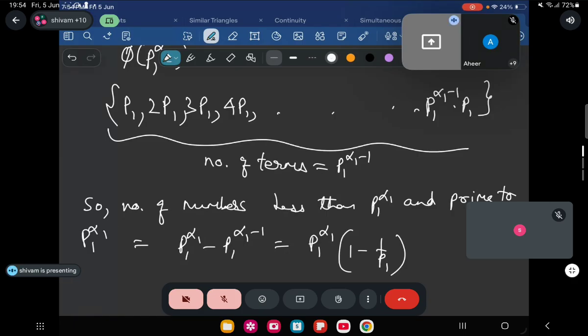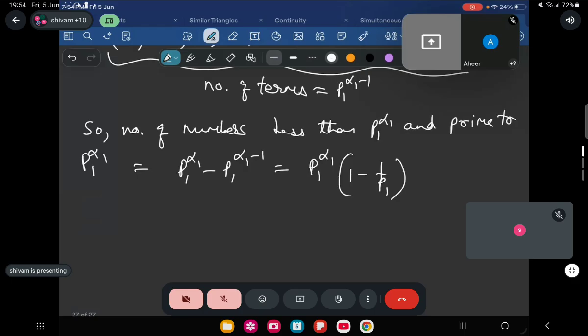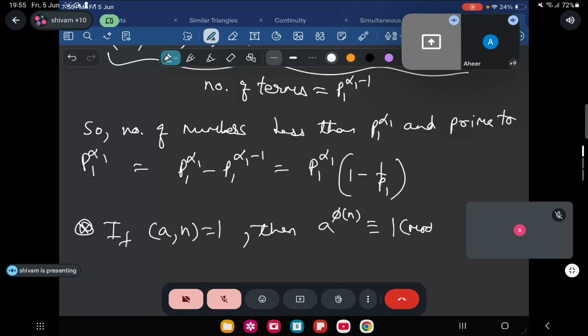Now see, how will this help us? Okay, pay attention. If GCD of A and N is equal to 1, then A to the power phi of N is congruent to 1 mod N. You can say that this is an extended version of Fermat's Little theorem, because this theorem is valid for all numbers, not only for primes. They just have to be coprime.